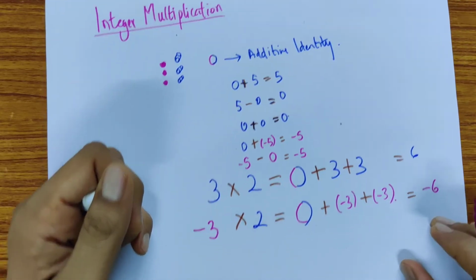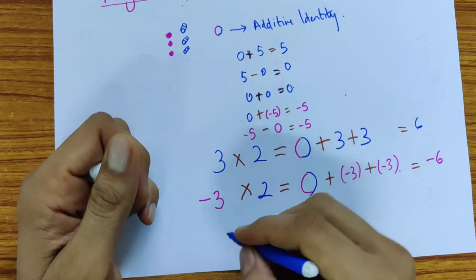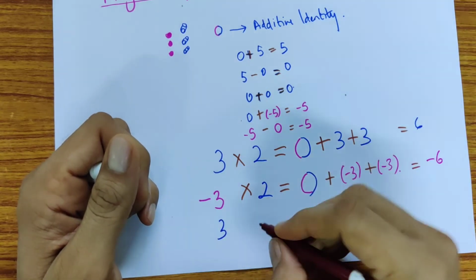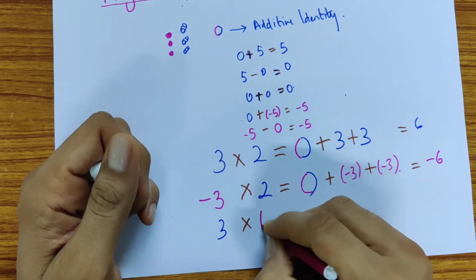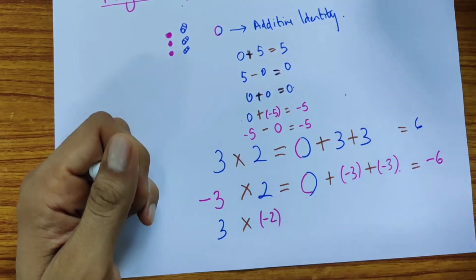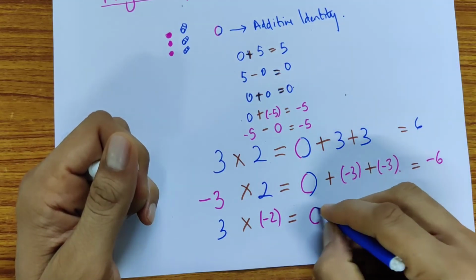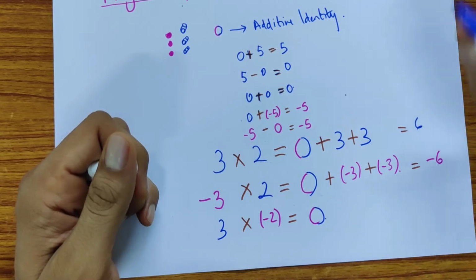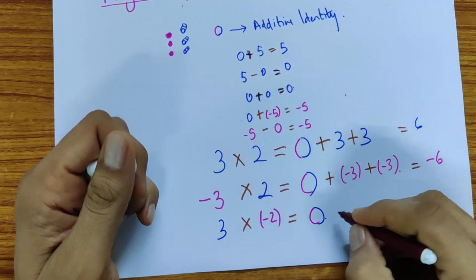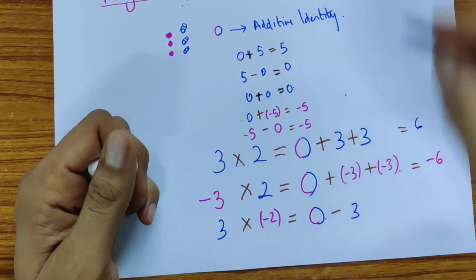And then the third rule is if you are multiplying, let's say, a positive number, 3 times negative 2. Then this is again the same 0. And now instead of adding, which was determined by this number, I am subtracting. I have to remove 3 2 times.